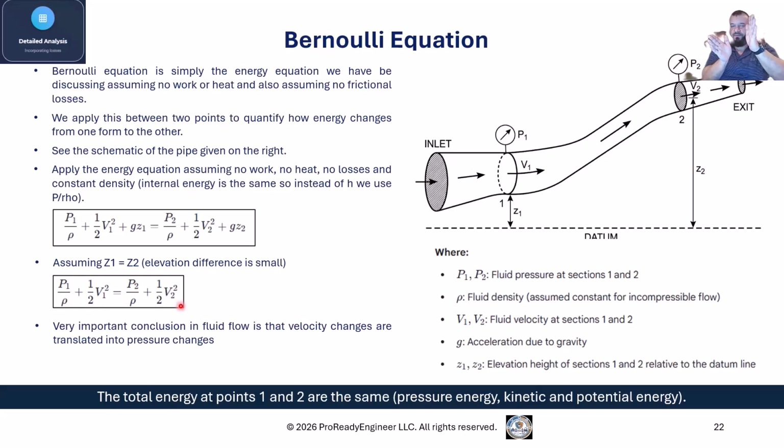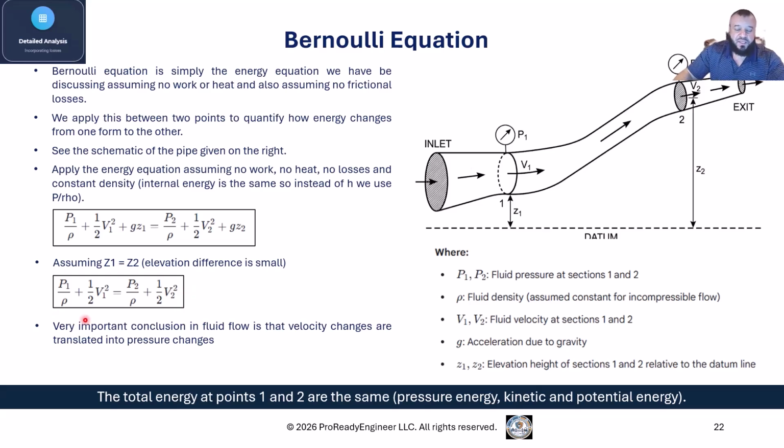Diffuser, area comes up, velocity comes down. Straightforward. But I told you then, a diffuser increases pressure. A nozzle decreases pressure. I told you, bear with me until I talk to you about the energy equation, and now you know why.